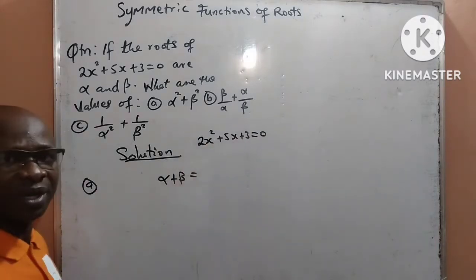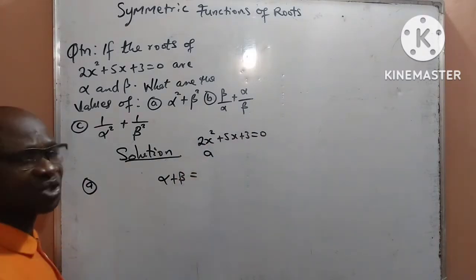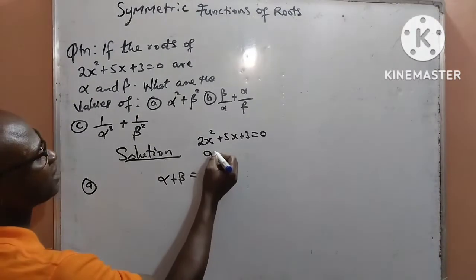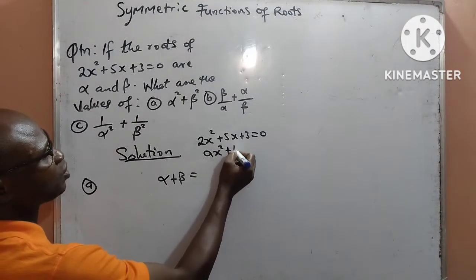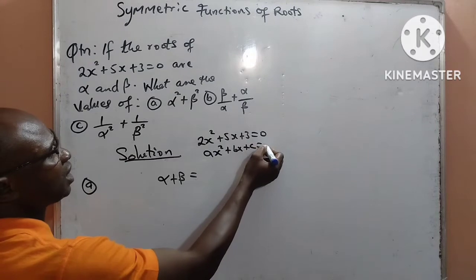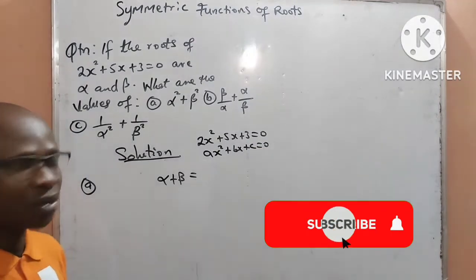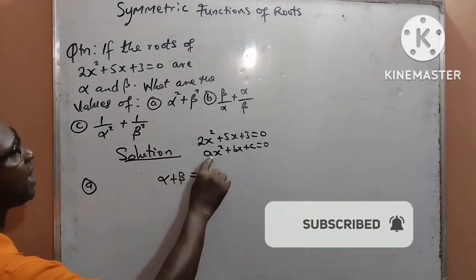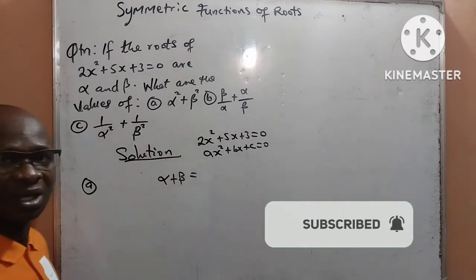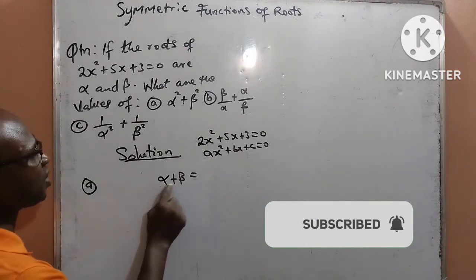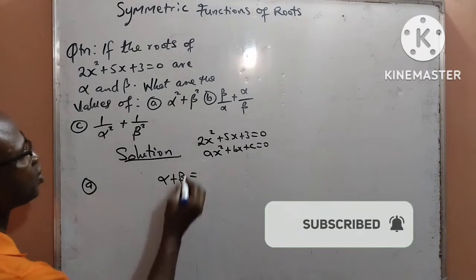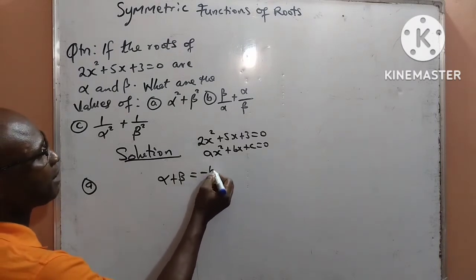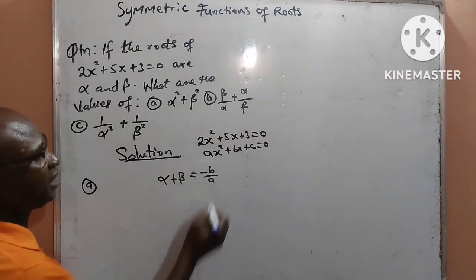From this, I want you to see this quadratic format: ax² + bx + c = 0. What will we do? We are going to compare the values of a, b, and c so that we can be able to know the sum of roots.